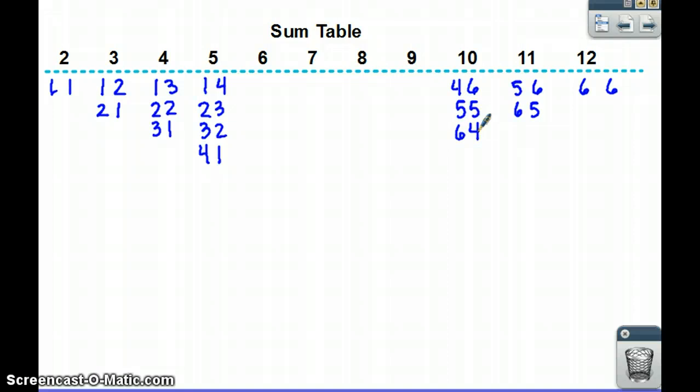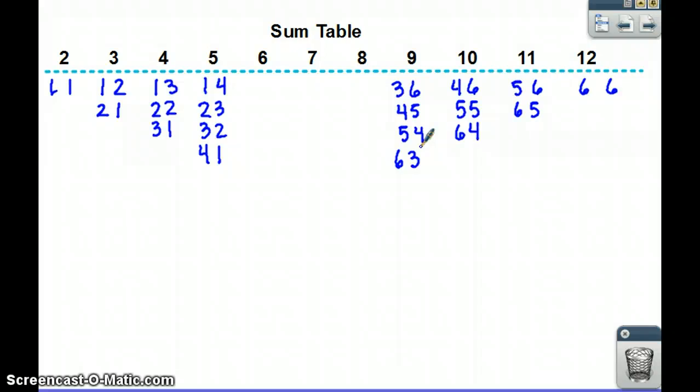So for 9, it looks like there's going to be 4 ways. A 3 and a 6, and a 6 and a 3, a 4 and a 5, and a 5 and a 4. So it looks like for 6 and 8, summing to 6 and 8, I'm going to have 5 ways, and 7 looks like I should end up with 6 ways to keep this pattern going.